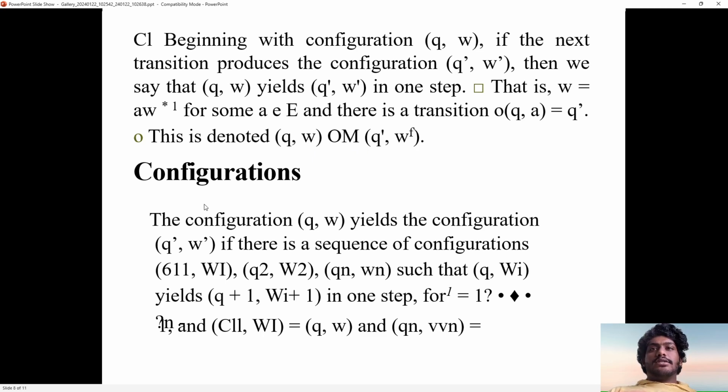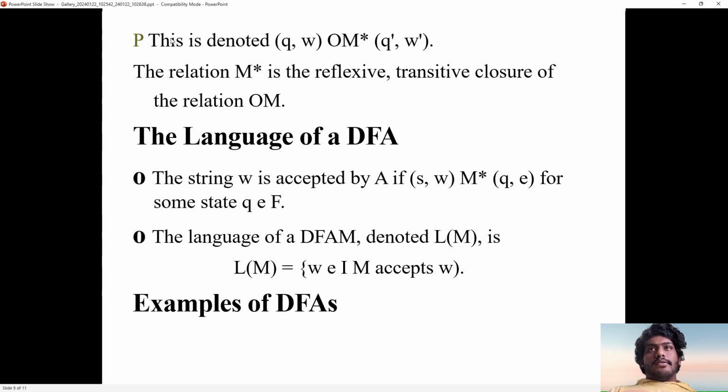We have the configuration (q, w) yielding the configuration (q', w') only if there is a sequence of configurations that changes it in some number of steps. This is denoted by (q, w) ⊢* (q', w').